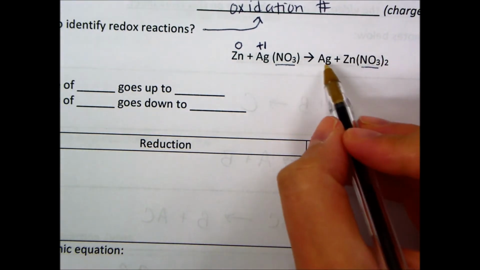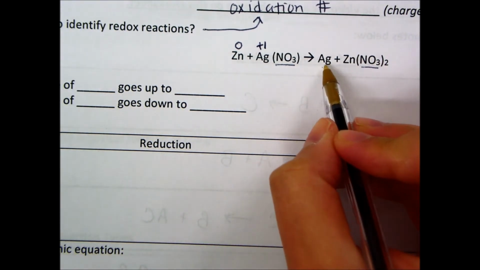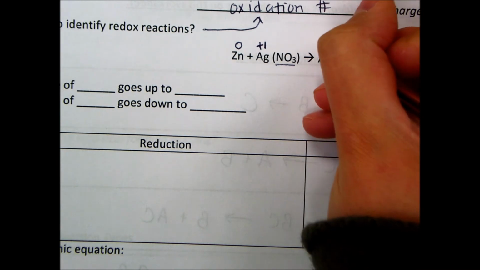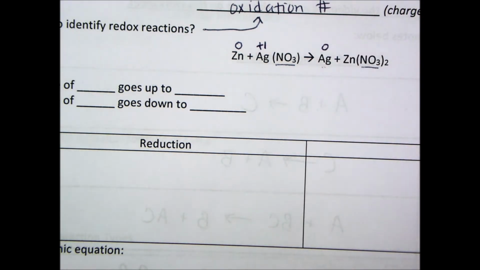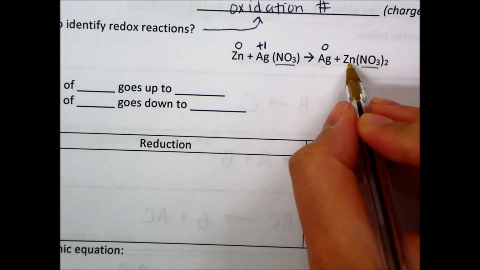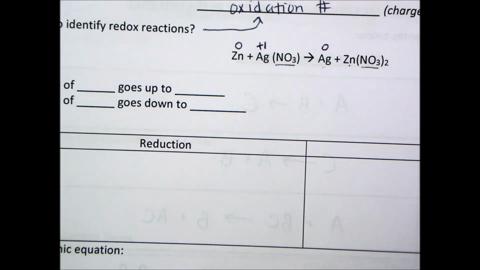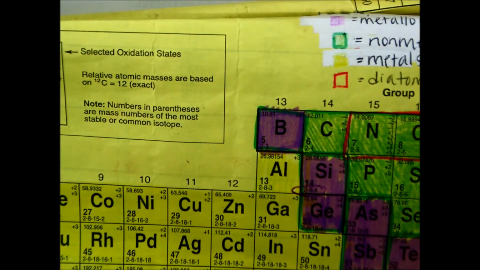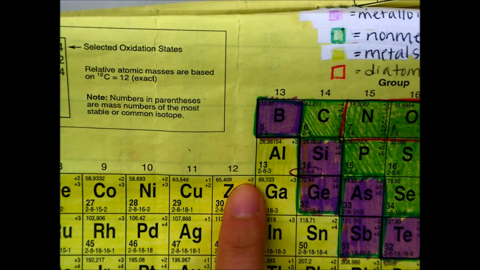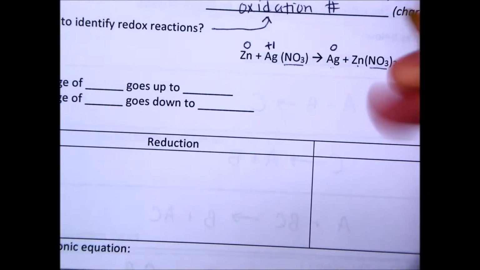So we'll just move on to the silver atom as a product. So this is a neutral atom, its charge is 0. And then zinc. Well, if I look at zinc on my periodic table, it only has one possible oxidation number, and that's +2.